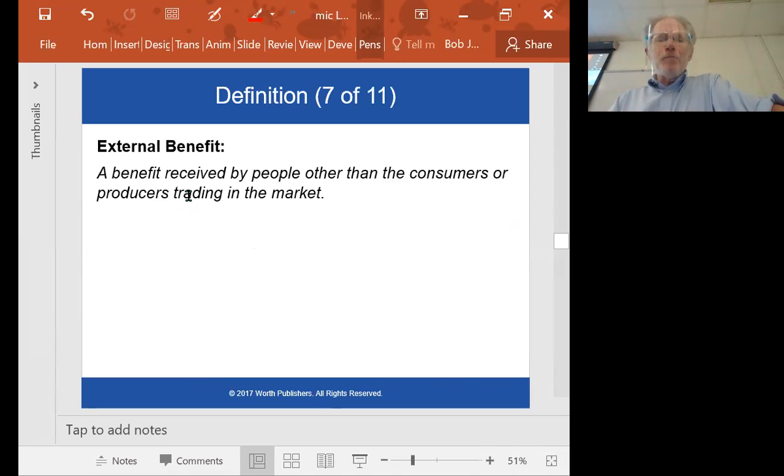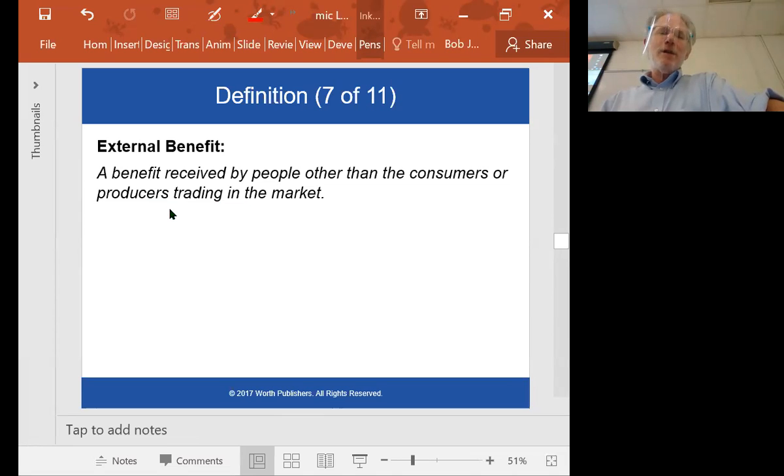All right. The other kind of externality is a positive externality or an external benefit. You can probably figure out what that would be. That's where you have a transaction between two parties and somebody else is going to benefit from that transaction. So kind of like the flu shot. That's going to be our example.